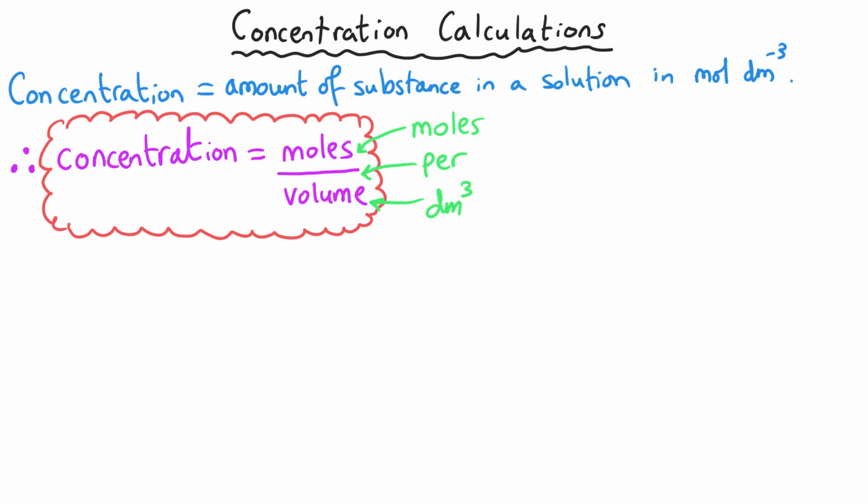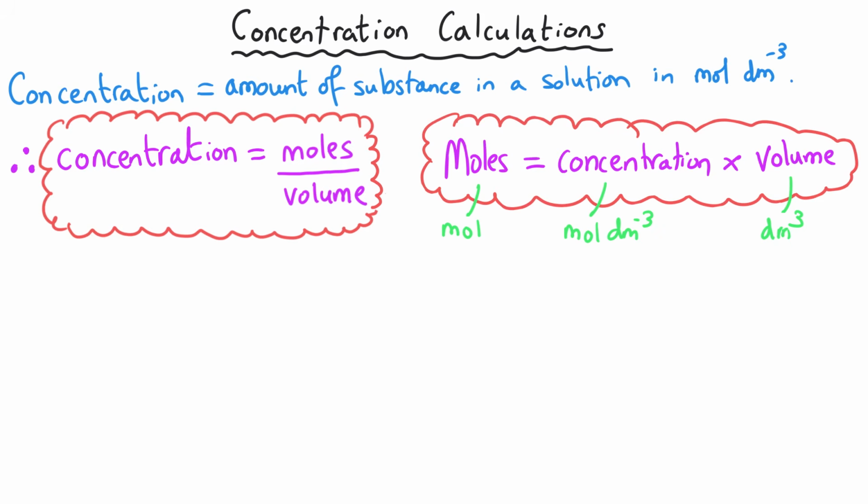More usefully, the relationship, I think, can be expressed as moles is concentration multiplied by volume. I prefer this one because it's easier to rearrange it and make concentration and volume the subject of your calculation once you've got those numbers put in.